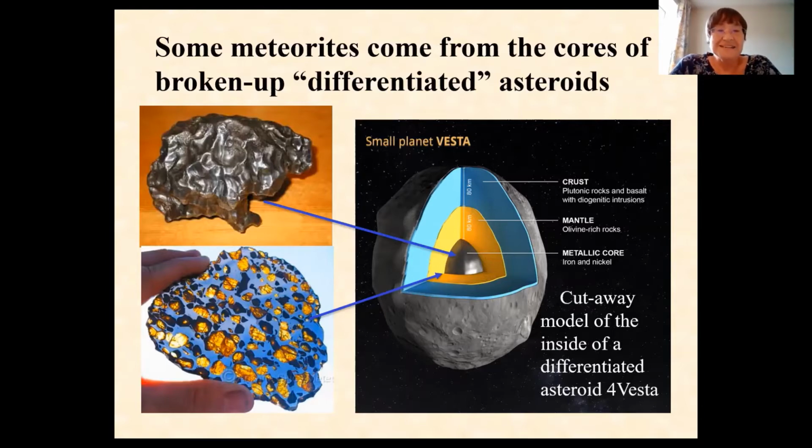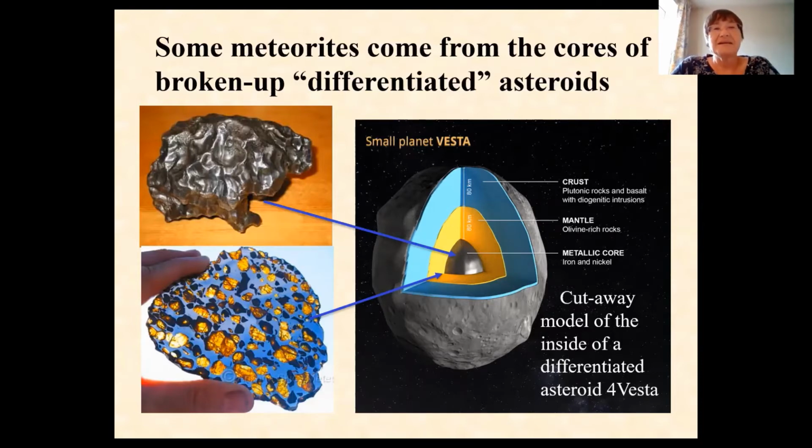We get a number of our meteorites from the surface of Vesta. Now, Vesta is a differentiated asteroid. In fact, it may be the only remaining differentiated asteroid, because possibly all the others have broken up in some way. Our reason for saying that is that we have hundreds of different types of iron meteorite.